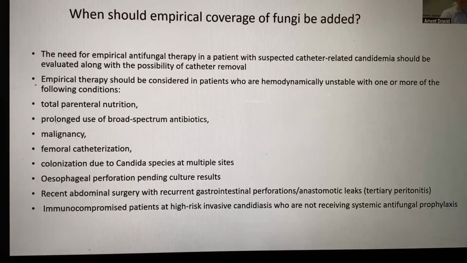When do we add empiric coverage for fungi? Sometimes, as I said, even Candida can be a cause of CRBSI. There are certain situations where the patient is hemodynamically unstable, has a catheter in situ, and on top of that is taking total parenteral nutrition, or has had prolonged use of broad spectrum antibiotics, or has malignancy, or has femoral catheterization, or has colonization with Candida species at multiple sites, or has had esophageal perforation, or a recent abdominal surgery with recurrent GI perforations or anastomotic leaks or tertiary peritonitis.